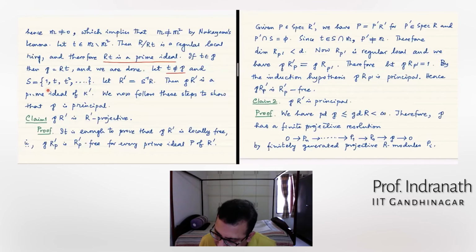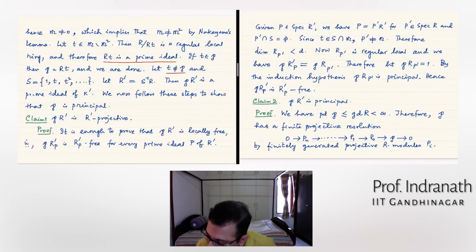S is this, where T is not in P. Now T is in S and also in M, and P dash is not in M, therefore, because of this intersection, the dimension has dropped, and this is regular local because R is regular local. We have that PR_P dash is PR_P dash, and therefore you have the height condition. The induction hypothesis tells you that this is principal, hence this is R_P dash free.